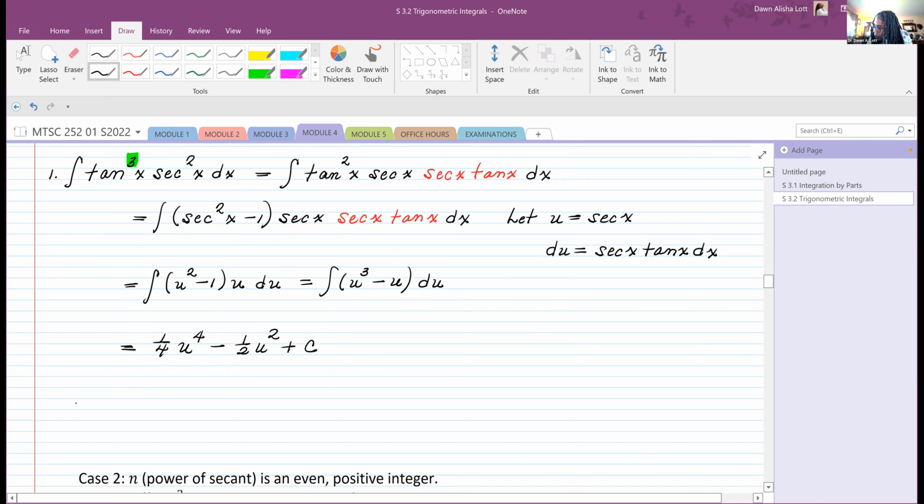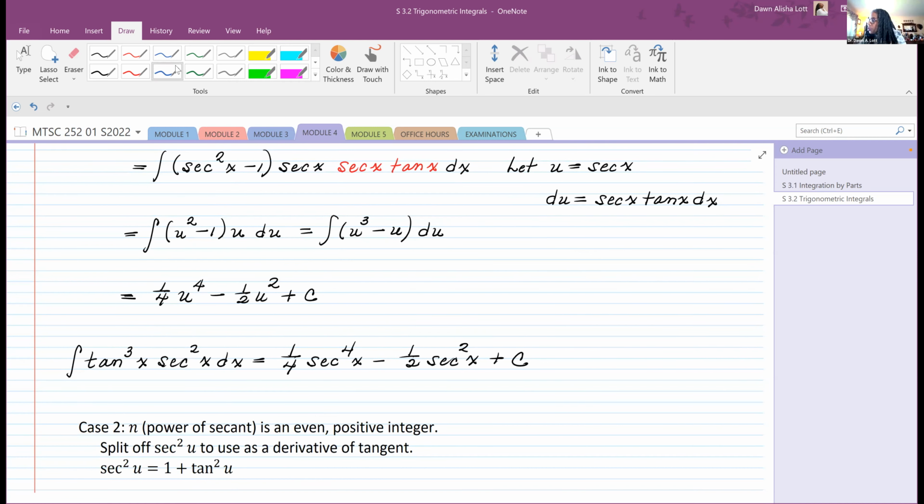So now we have the answer: the integral of the tangent cubed of x, the secant squared of x dx is 1/4. U was secant, so I get the secant to the 4th of x minus 1/2 secant squared of x plus a constant. Okay, so that is my answer.